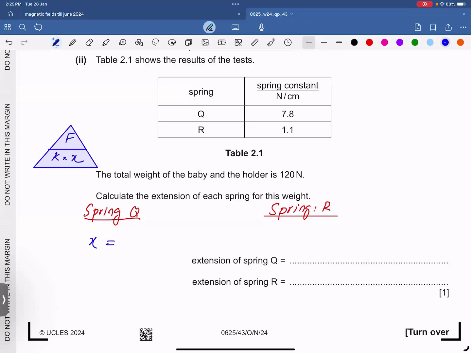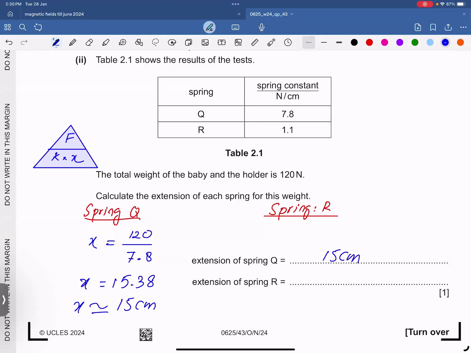So extension will be force, which is 120, divided by the spring constant for Q. You will take from here and plug in here. So it is going to be 7.8. So 120 divided by 7.8 is 15.38, which rounds to two significant figures, 15 centimeters.